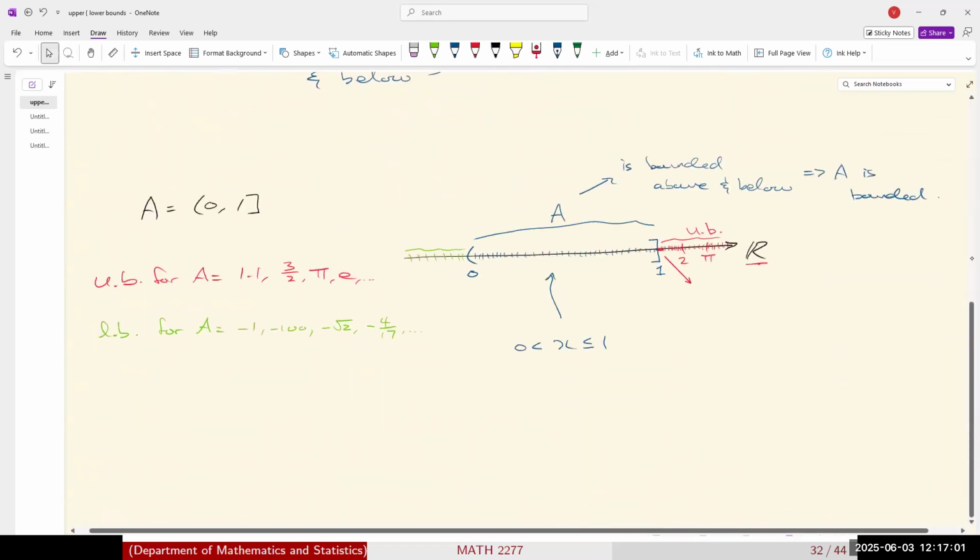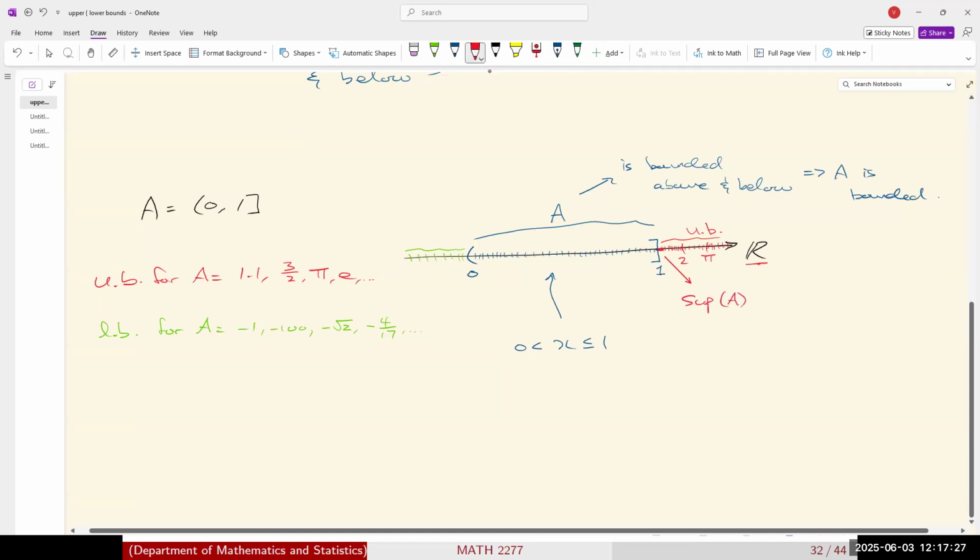So yes, 1 is in the set, but 1 is also an upper bound for this set, because 1 is bigger than or equal to every element in this set. So yes, 1 is an upper bound for this set. Not only that, 1 is the supremum of this set.